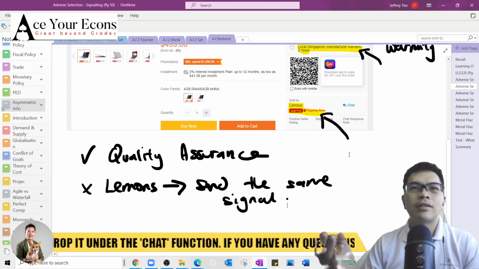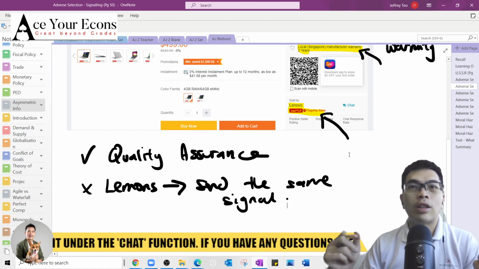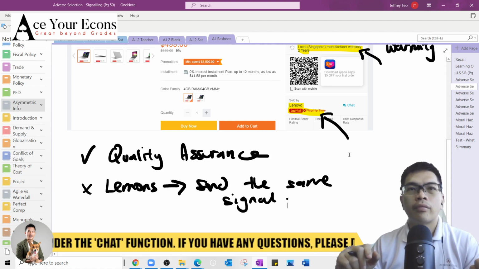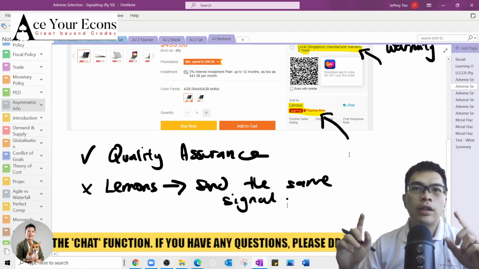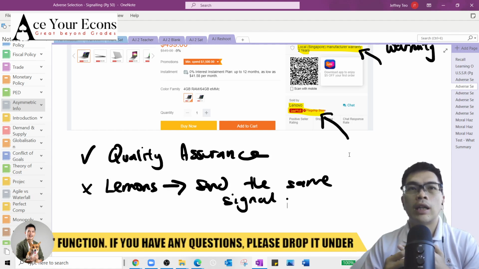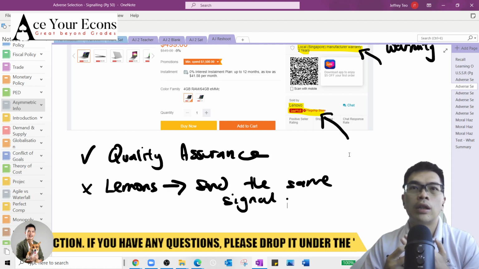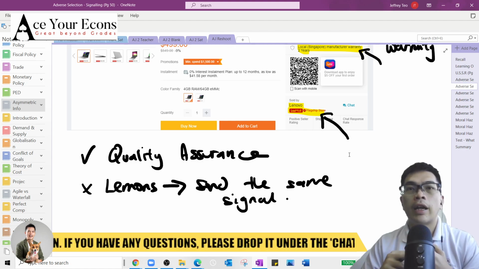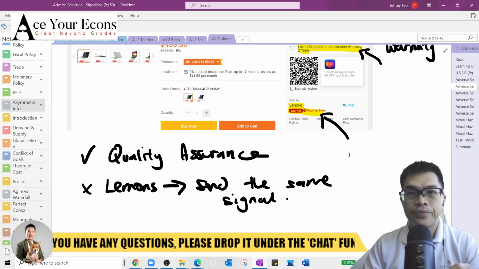It's a hassle, right? Yeah, so there's transaction costs involved. So you realize that the effectiveness of this signaling will get diluted if the lemons or the poor inferior quality products can afford to send the same signal.